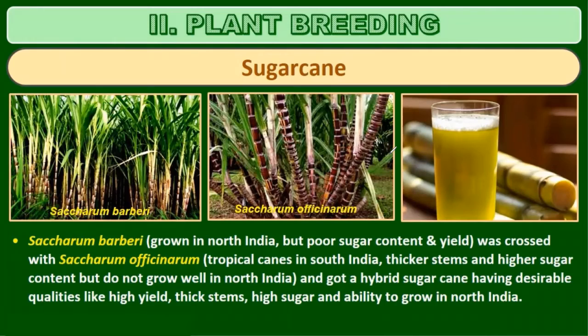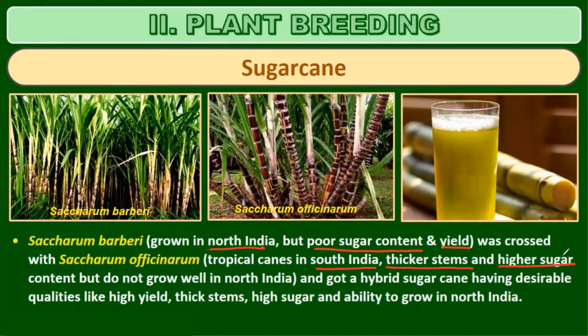Now we'll move ahead with sugarcane. Here an example is given: the sugarcane that grows better in North India has very poor sugar content and yield. The other one that grows in South India has thicker stems and higher sugar content, but it does not grow in North India.